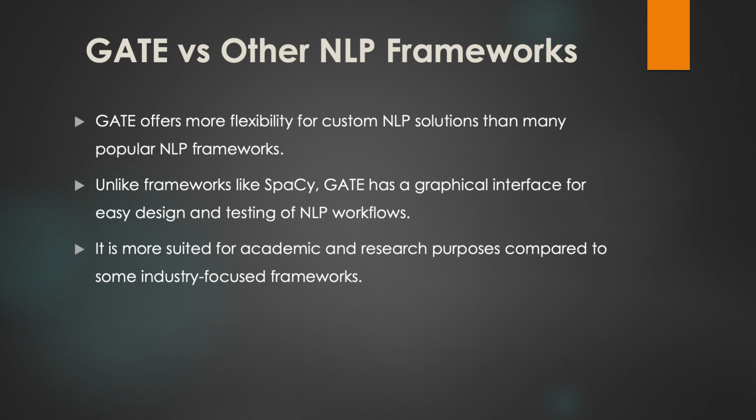If you need a system that can be modified or extended to meet unique requirements, Gate is your go-to framework. Gate's architecture allows you to plug in custom modules and design complex processing pipelines that suit your needs, something that Spacy doesn't fully support in the same way.